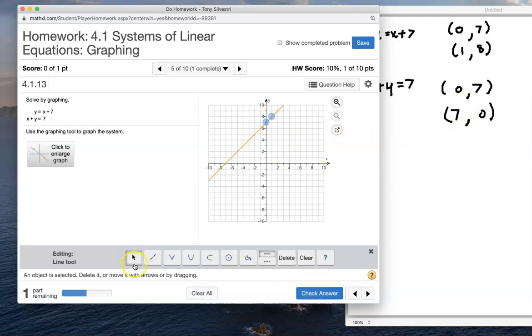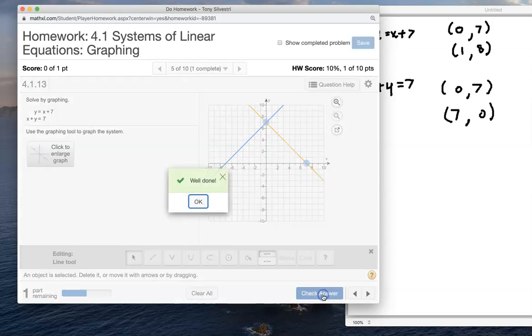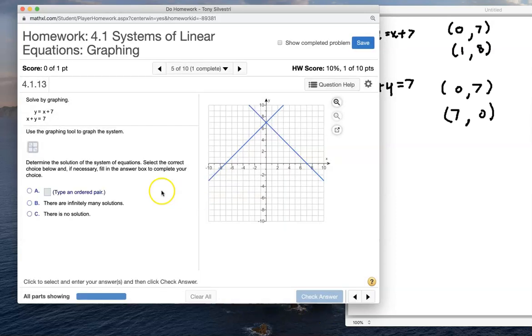Okay, now the next line. Next line, 0, 7. 0 horizontal, 7 vertical. Right there. 7 horizontal, 0 vertical. Boom, right there. We've graphed the 2 lines. Let's see if that works. Check your answer. Well done.